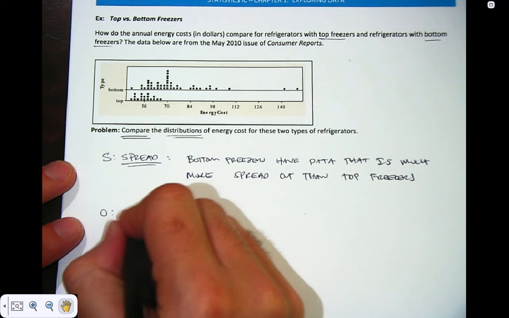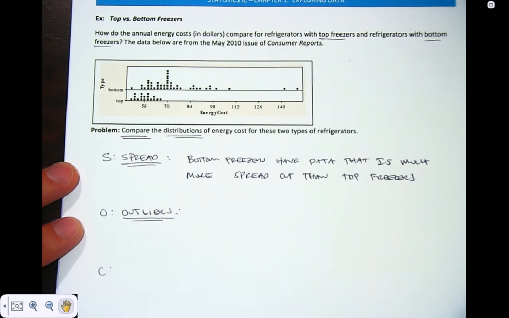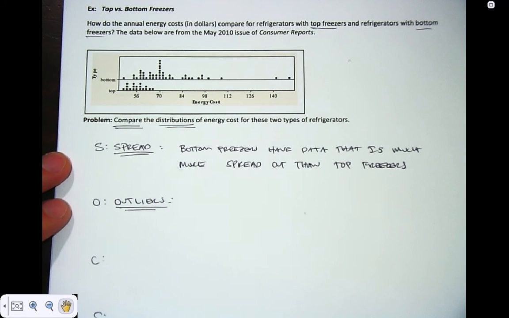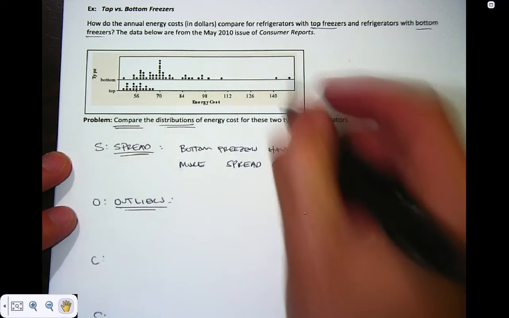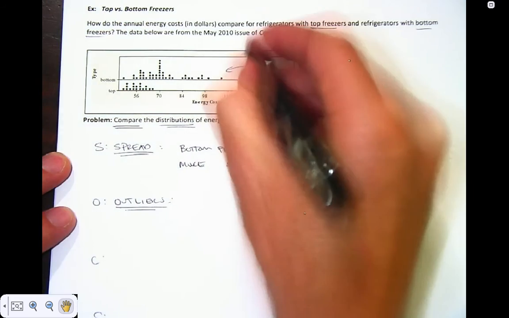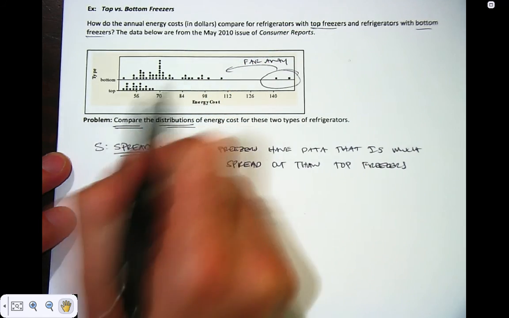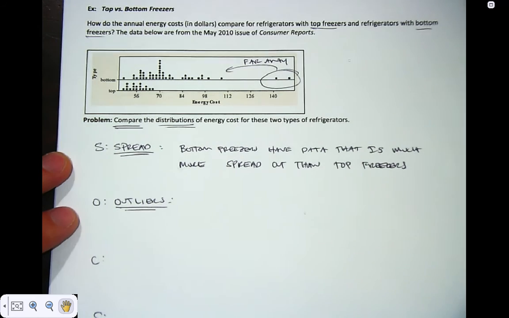Okay, outliers. All we're doing, you guys, is addressing, could there be outliers? We don't know. I haven't given you an official way to find them yet, but these two look pretty far away from the collection of data points for the rest of the bottom freezers.